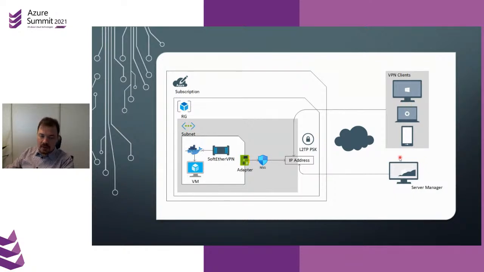And also, we can use the SoftEther VPN server manager to connect and control the servers in the first place and monitor it and have all of the statistics available there. So it seems like a pretty much complete solution for that.